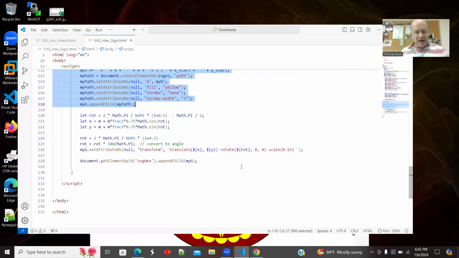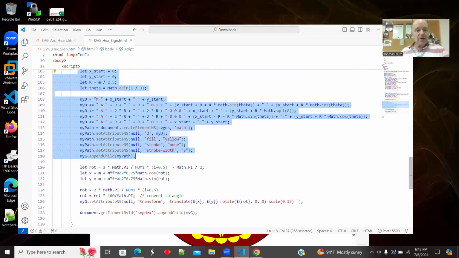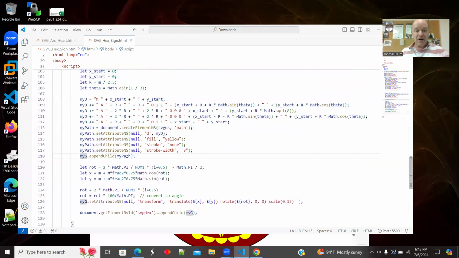And then I am adding to my container, I'm adding the heart path. So I made a container, I'm making it in code, so it's empty. And then I have added my path, which is the path for a heart. Okay, so now I have, and then eventually I add the container with the heart to the hex sign.